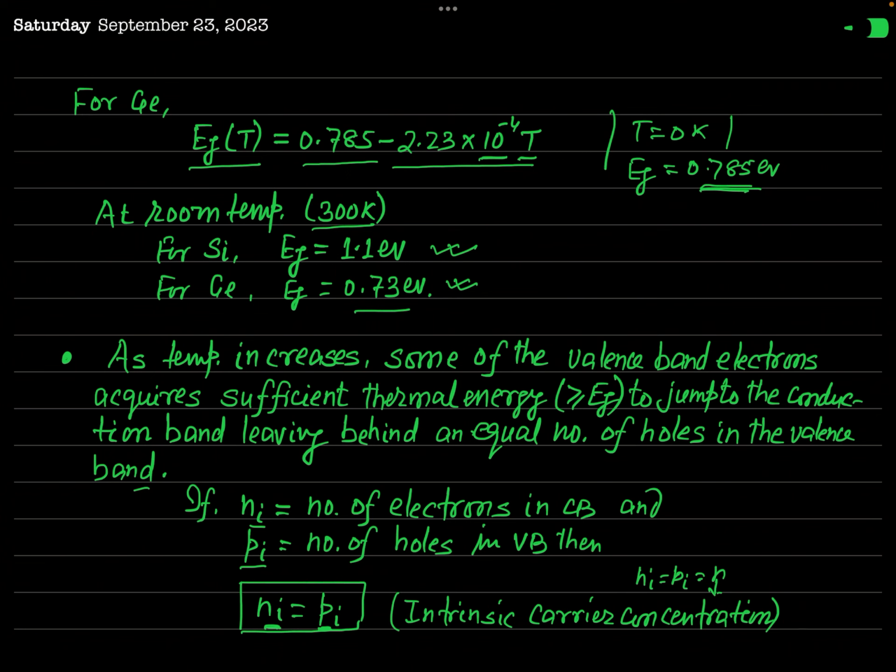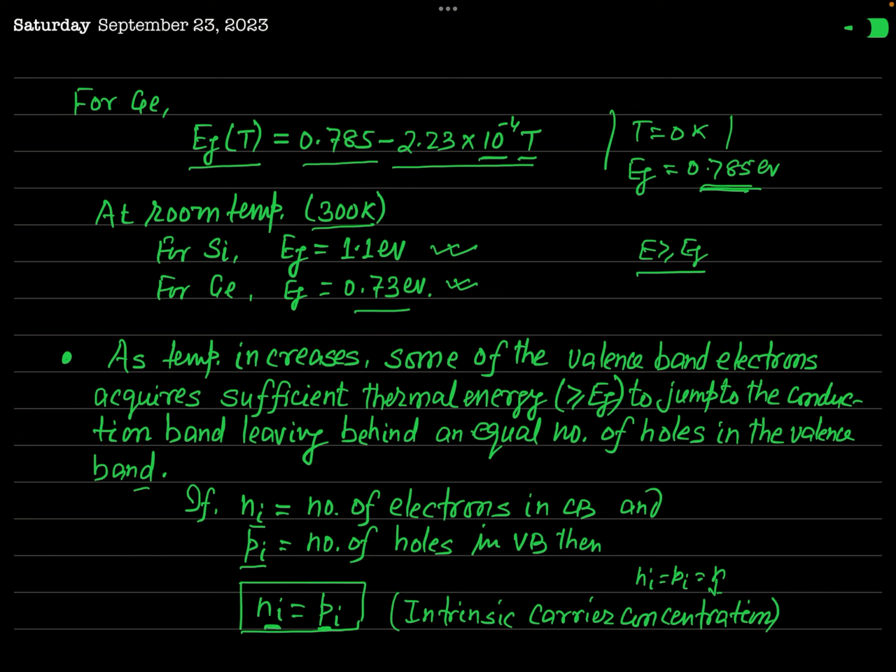And so when you increase the temperature of these semiconductors, or you heat these semiconductors, it is possible that the electrons in valence band will gain thermal energy greater than or equal to Eg, and the electron will move from valence band to the conduction band, and so the material then behaves like a conductor.